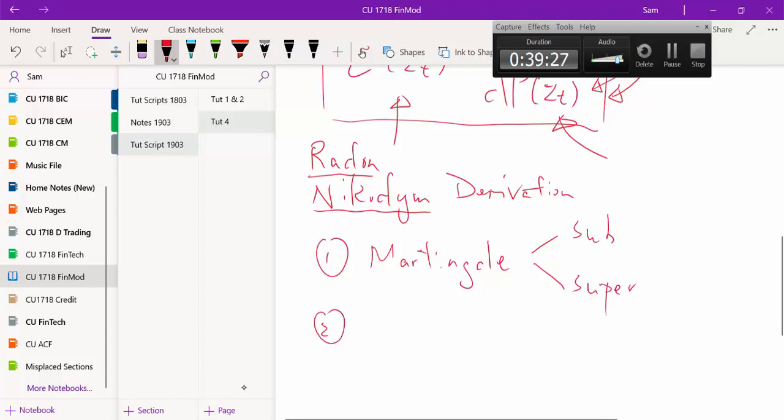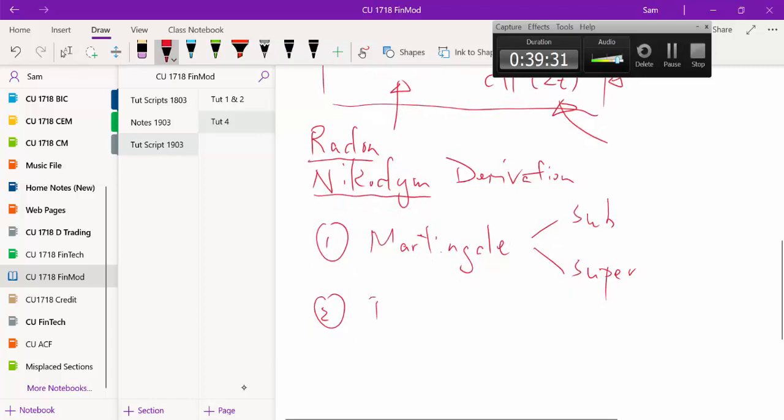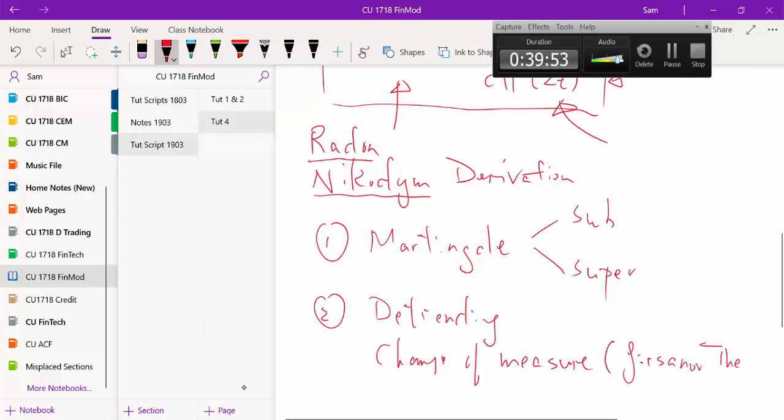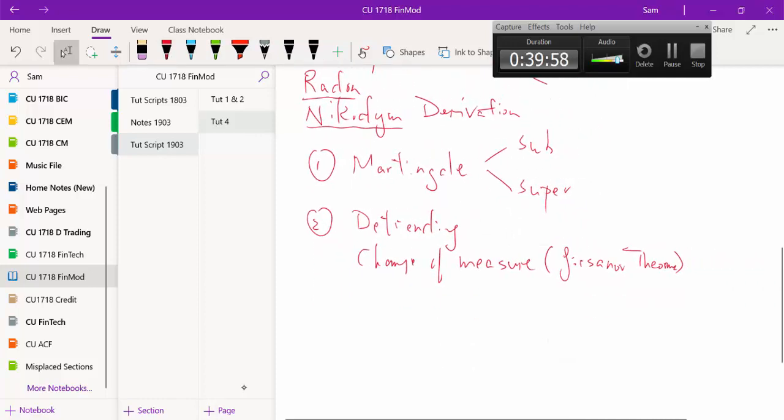And then you deal with that either by detrending, which is not the elegant way, or the other way, which is what we call change of measure, applying Girsanov's theorem. When we say change of measure, you are changing the probability density function.